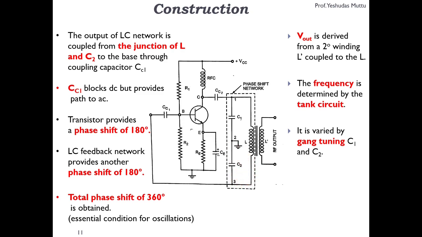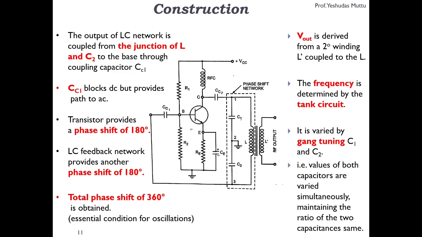So what will be the ratio? 2/4, again it will give me 1/2. So the ratio is maintained but the values are changed. Since the values are changed, the frequency of oscillation is also changed. I hope this is clear to you all.